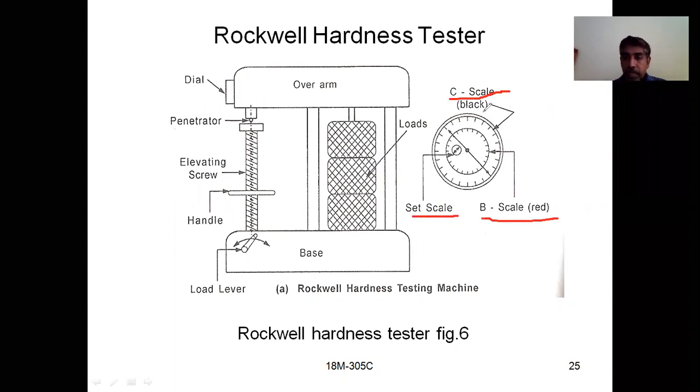Generally, the C scale will be in black color and the B scale will be in red color. You have to remember, B scale will be in red color and C scale will be in black color. In competitive exams, they will ask, in the Rockwell hardness test, the color of the C scale is black, the color of the B scale is red. So you have to remember these 2 points, which are very, very useful for competitive examinations. So how to perform the B scale testing procedure and C scale testing procedure, I will show you.